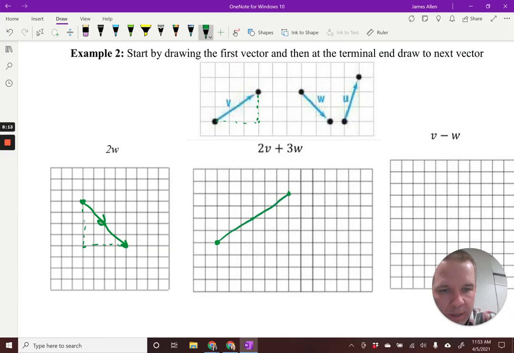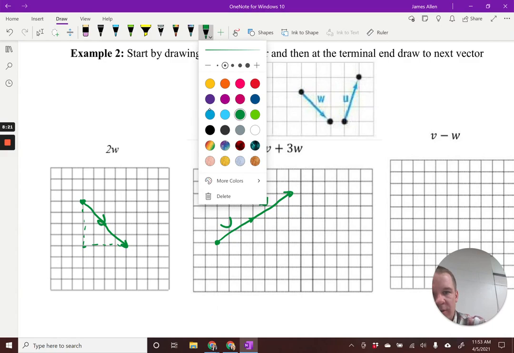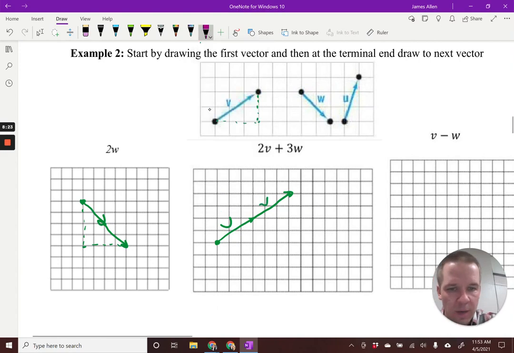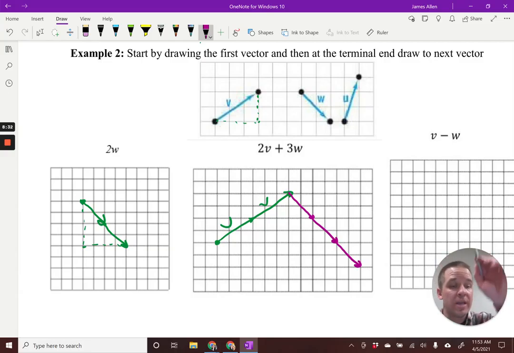So, boom, there is 2v, right? So I got v here and I got v here. Then 3w. I'll change colors for that one. So for 3w, I'm going to go here, again, and a third time, going down 2 and over 2 each time, right? That one's a little easier to see because it's the same down and over. And this is w, w, w.